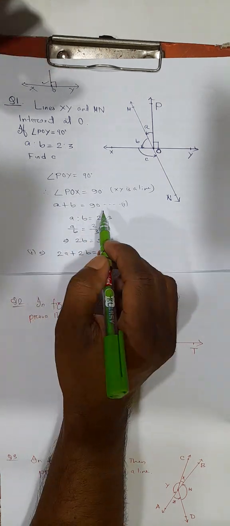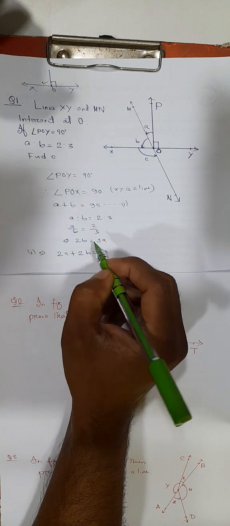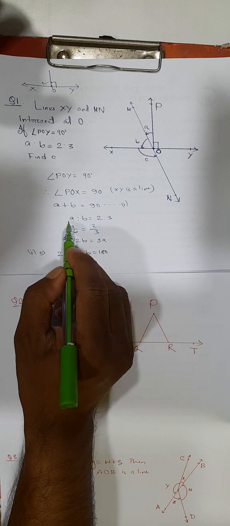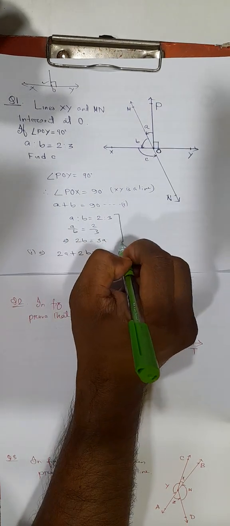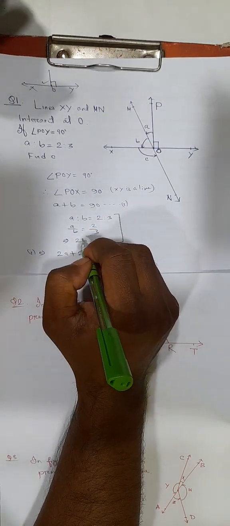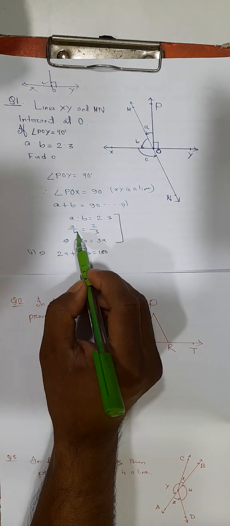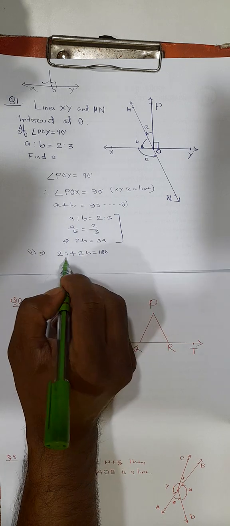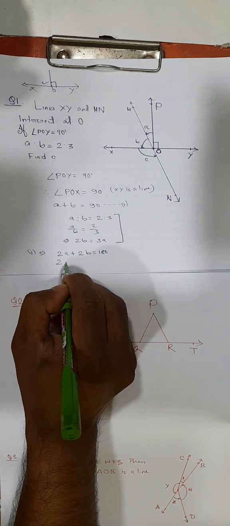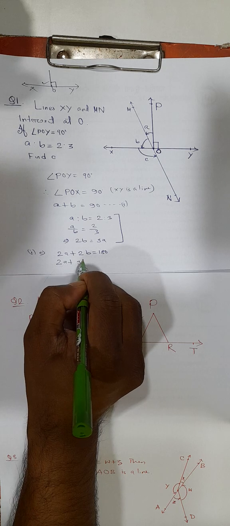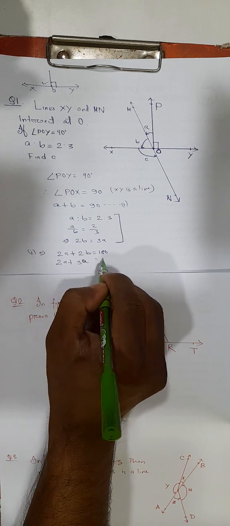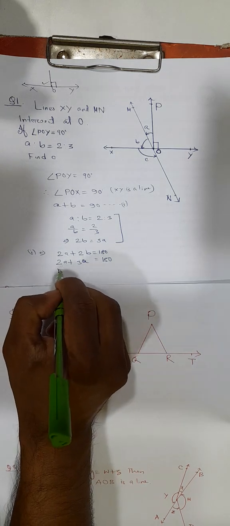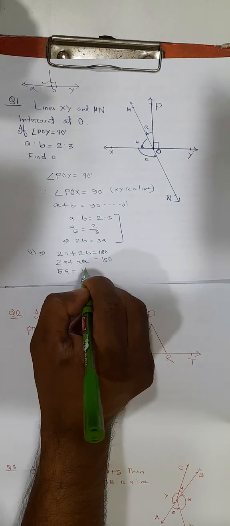From A is to B equals 2:3, by cross multiplying we got twice of B equal to thrice of A. Now instead of twice of B we will write thrice of A. So if you solve this, 5A equals 180.